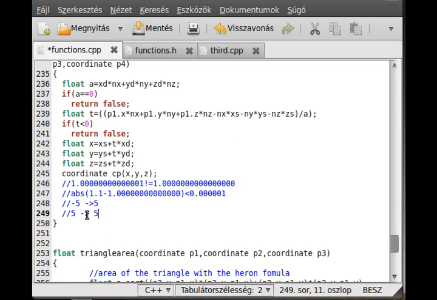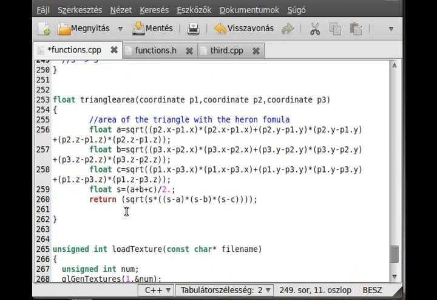So that's why we can use this less than sign.